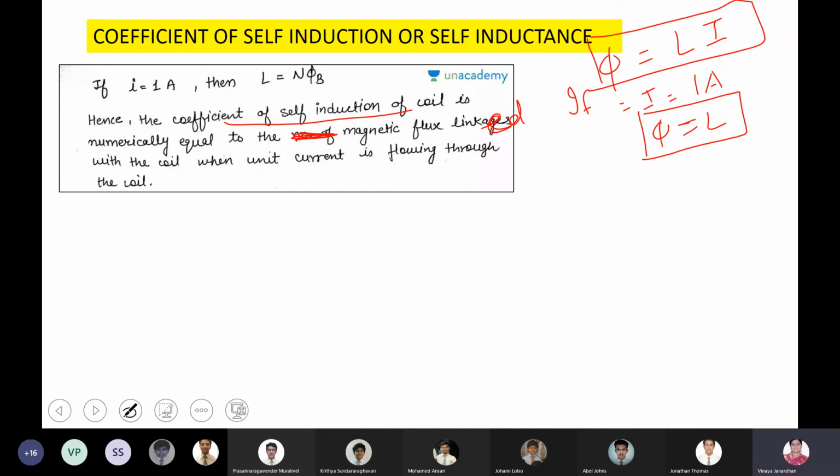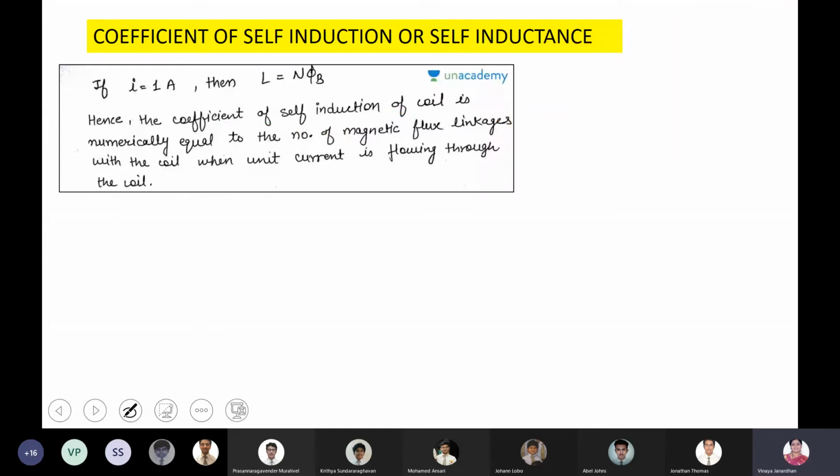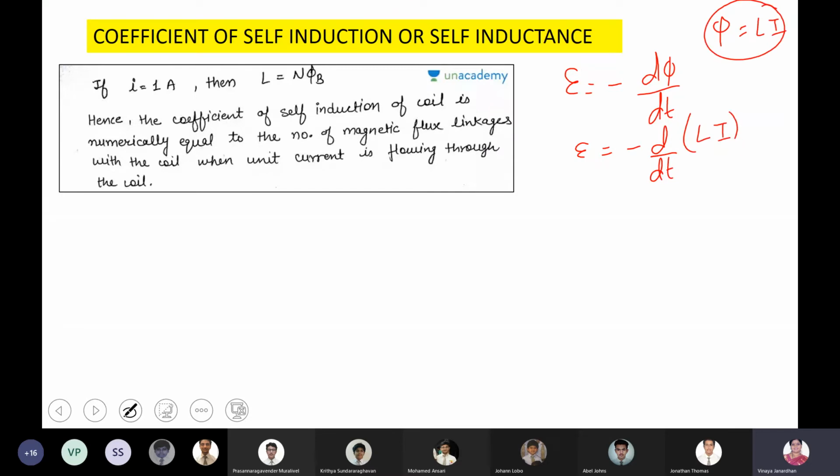Boys, what will be the EMF induced in the coil? E is equal to minus d phi by dt, right? So E is equal to minus d by dt of phi, and phi is equal to L into I. L is a constant.